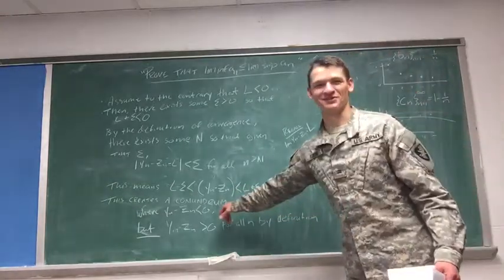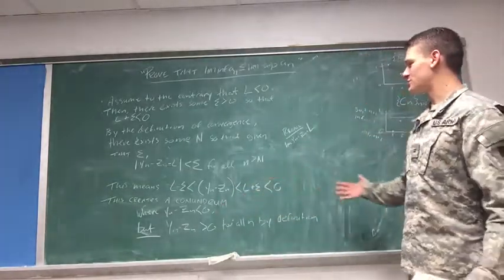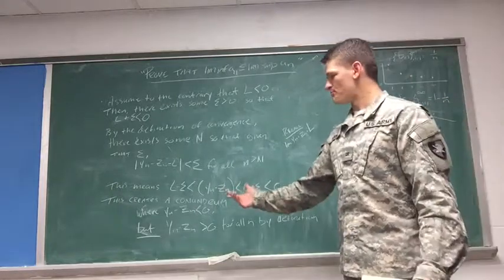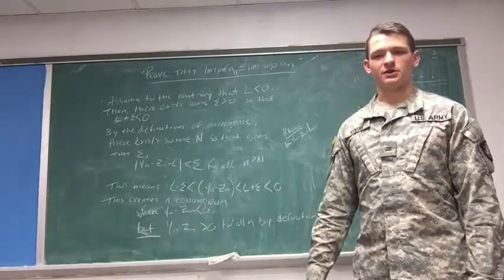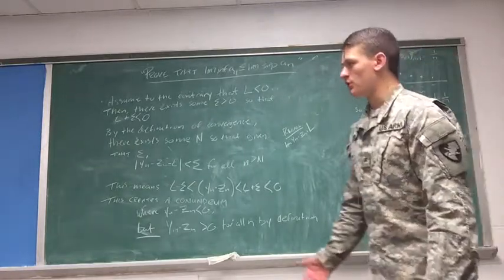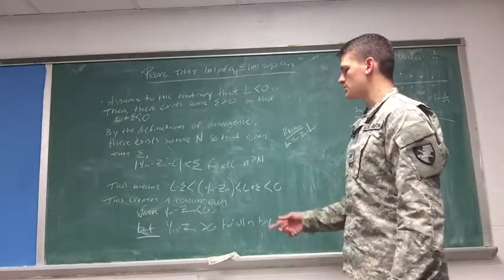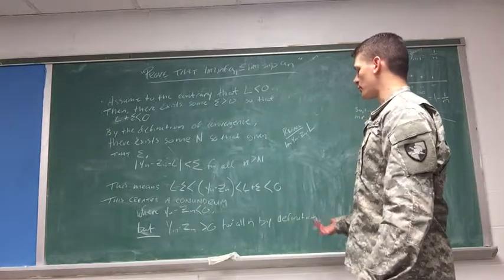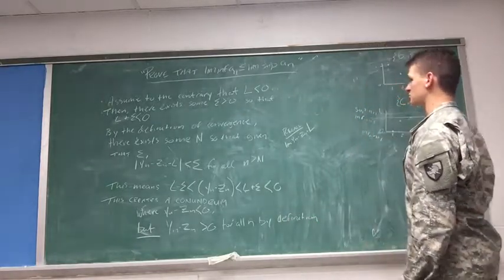I'm pretty sure I spelled that wrong. But it creates a problem where y sub n minus z sub n has got to be less than 0. But remember, we defined earlier that y sub n minus z sub n has to be greater than 0 for all n by definition of the sup and the inf.